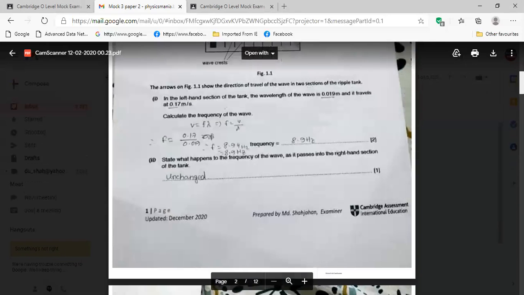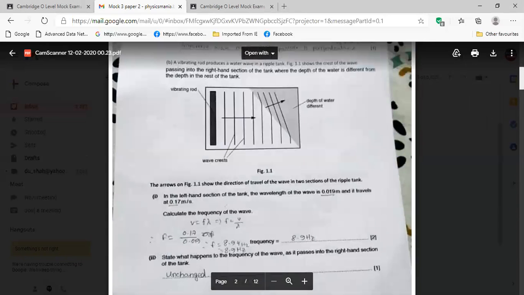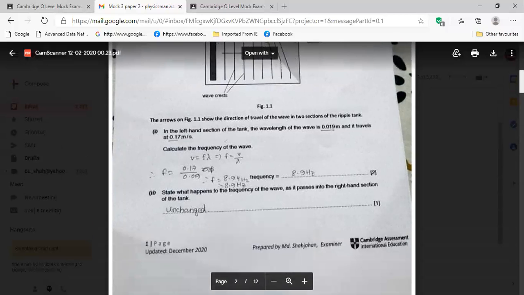So what did you get here? 8.9 hertz. It's given 0.17. V equals f lambda, f equals v by lambda, v is 0.17 meter per second, then 0.019, so it's coming 8.9 hertz.